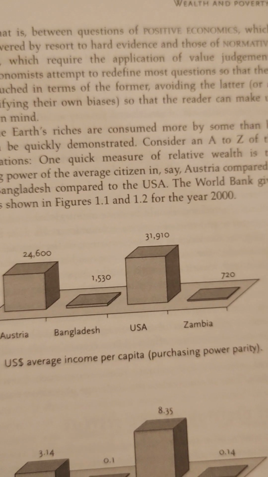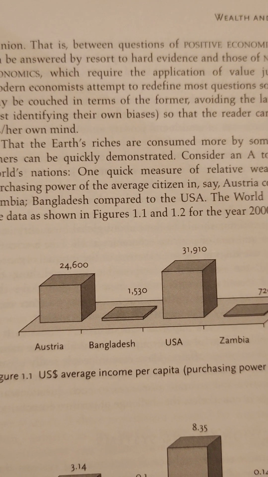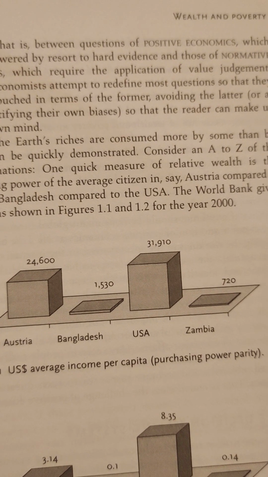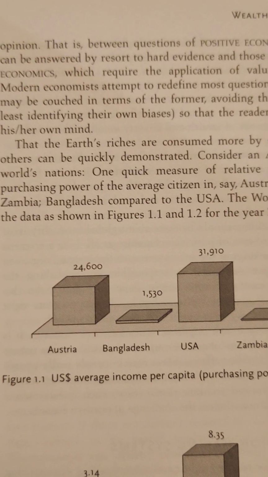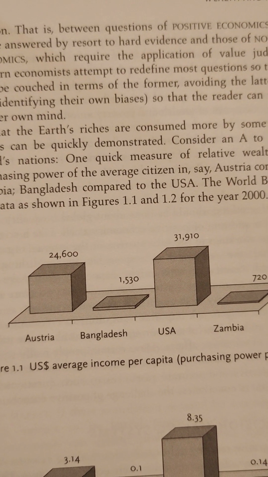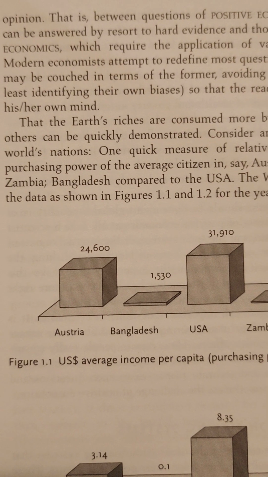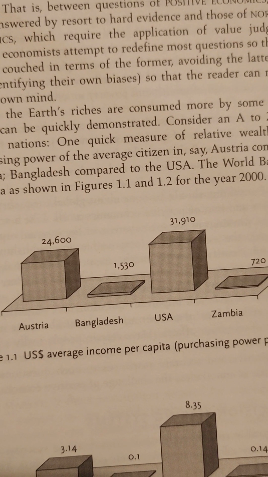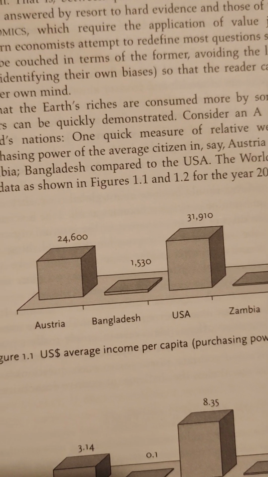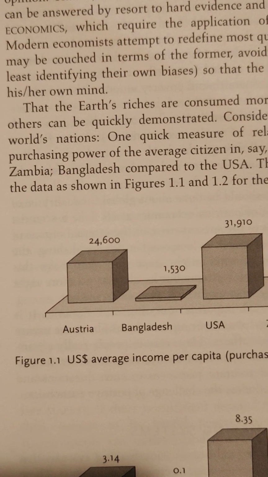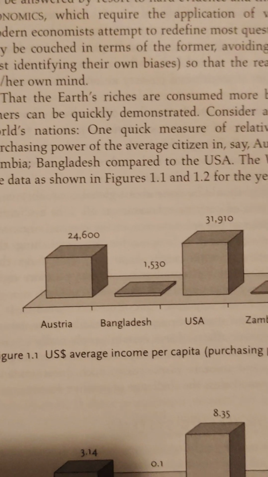One quick measure of relative wealth is the purchasing power of the average citizen in, say, Austria compared to Zambia, Bangladesh compared to the US. The World Bank gives the data shown in figures 1.1 and 1.2 over the year 2000. So, what do you notice in figure 1.1?